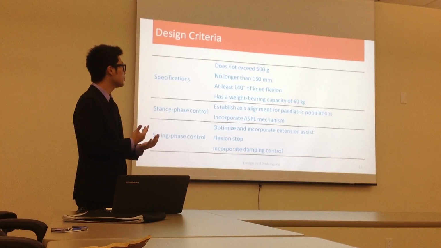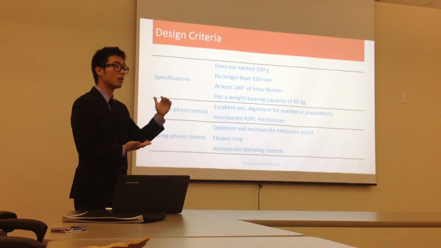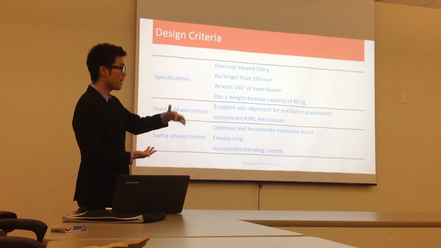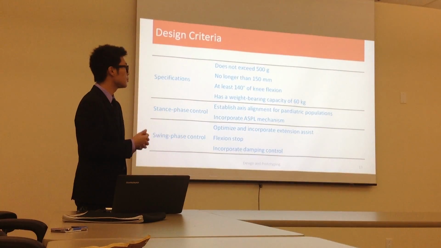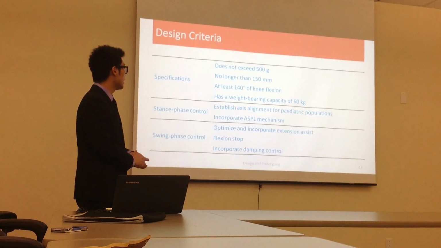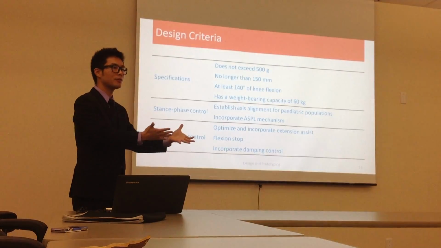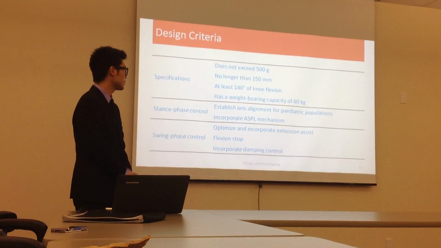We picked 140 degrees because it's the median value between all those products. If we can achieve at least 140 degrees, it will be adequate. And for weight capacity, 60 kilograms, the previous knee was 45, and we try to go for 60.